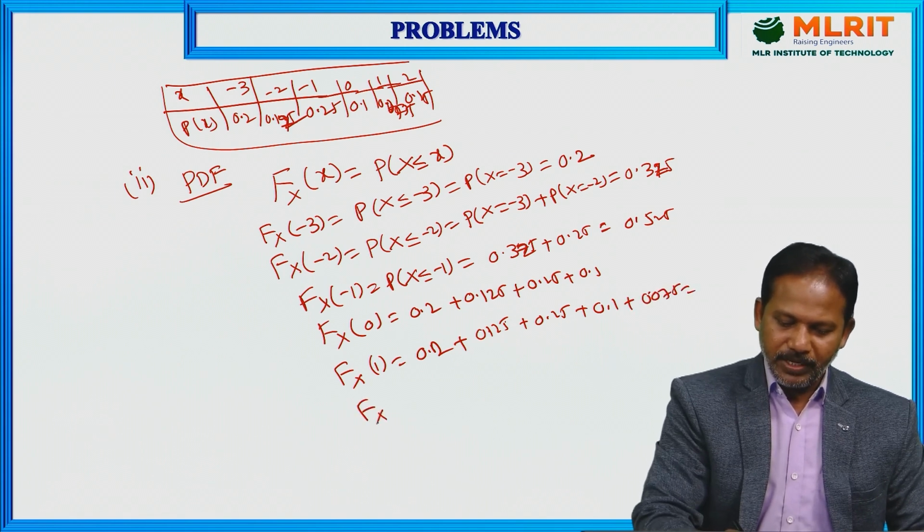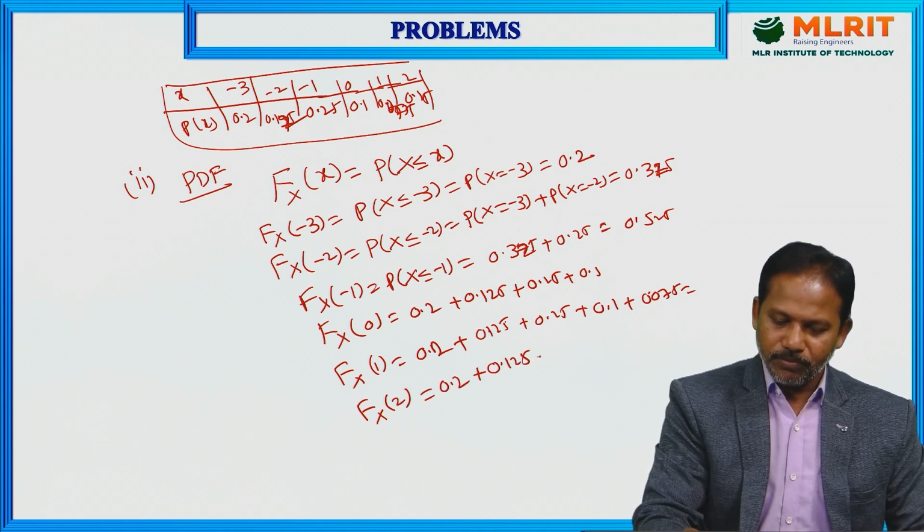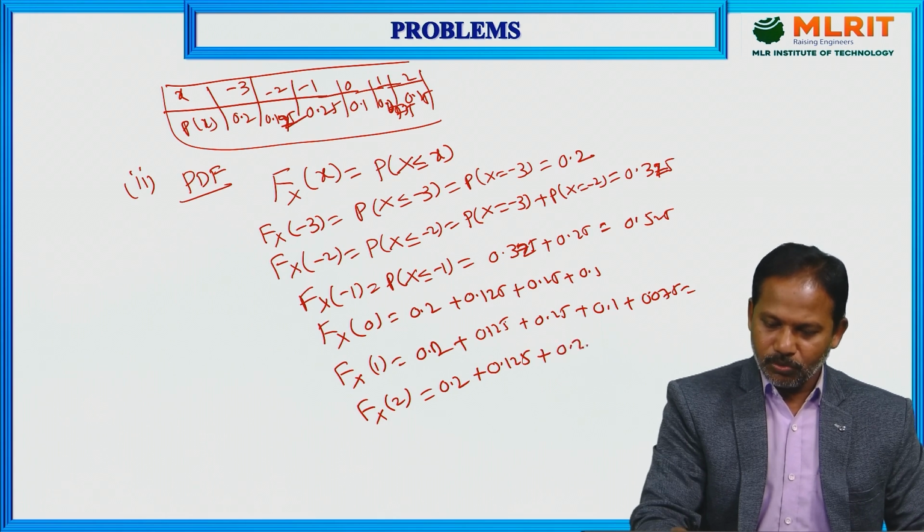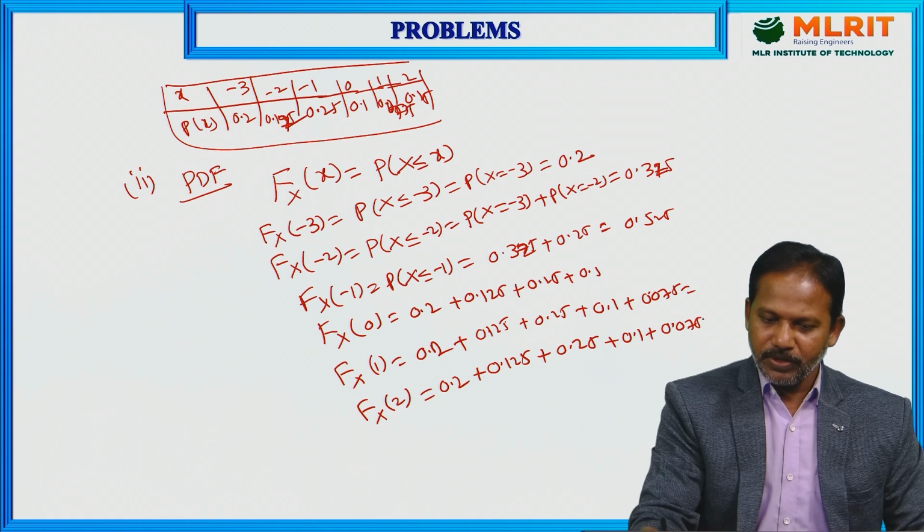Similarly, I need to find Fx of 2, that is 0.2 plus 0.125 plus 0.25 plus 0.1 plus 0.075 plus 0.25. So the total value is 1.